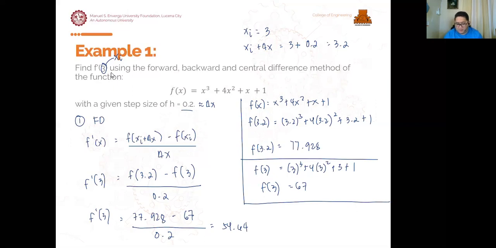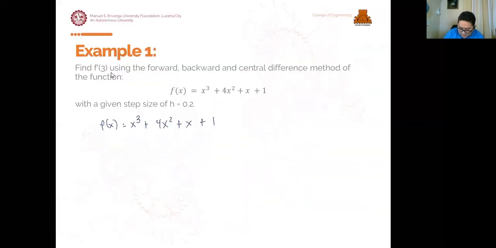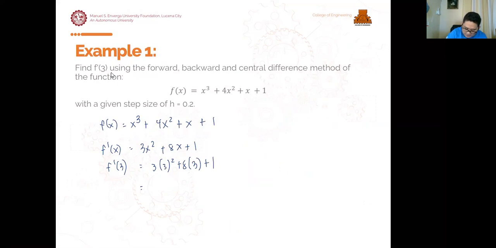To get that, using the differential calculus method, we take the first derivative of our function. Okay? The first derivative is 3x squared plus 8x plus 1. Okay? Then we substitute the value 3: 3 squared plus 8 times 3 plus 1, which equals 52.